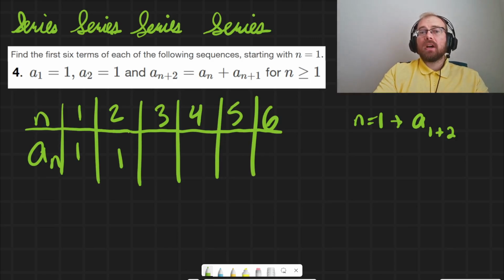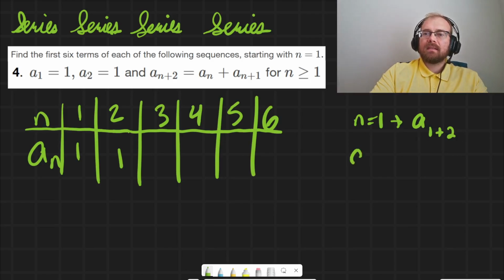What they should have done is they didn't write this correctly. They should have said a sub n is equal to a sub n minus 1 plus a sub n minus 2. That's how they should have written it, and they didn't. So boo-hoo for them. But this is a Fibonacci sequence, by the way. They're trying to be slick here. So n equals 1, we would have a sub 1 plus 2.